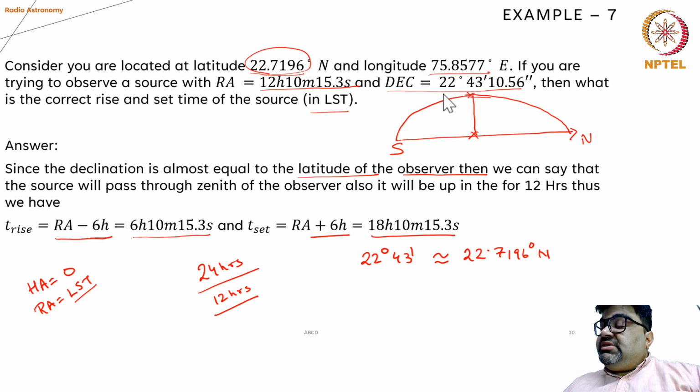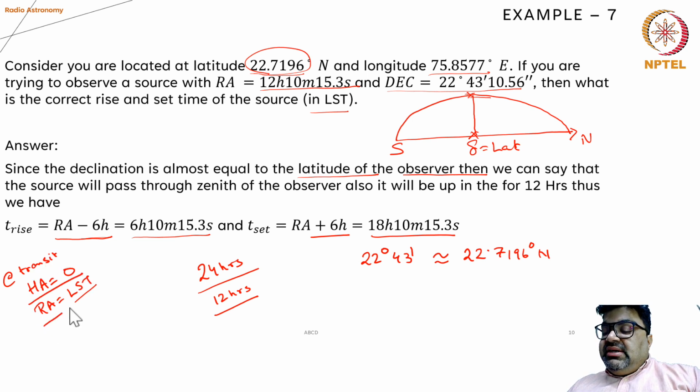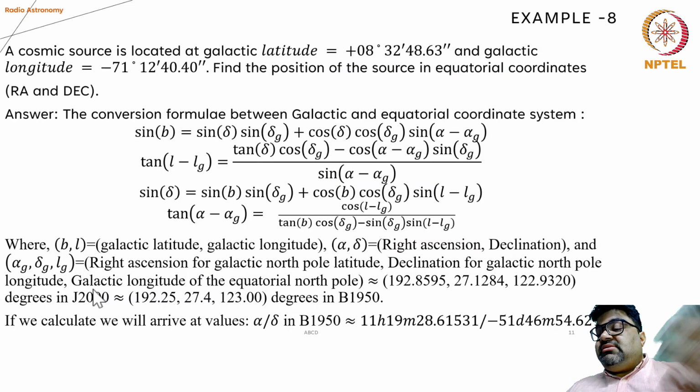So any source which is passing through the zenith will have delta equal to the latitude of the place, and so you can calculate the rest. And at any transit, the hour angle is 0. So HA equal to 0 and RA is equal to the LST.